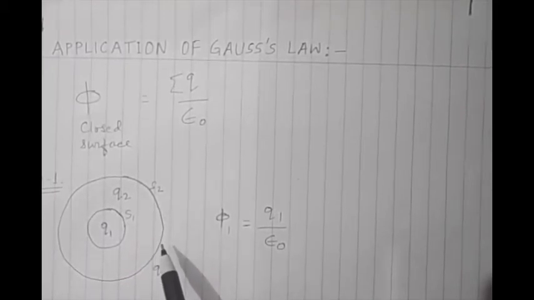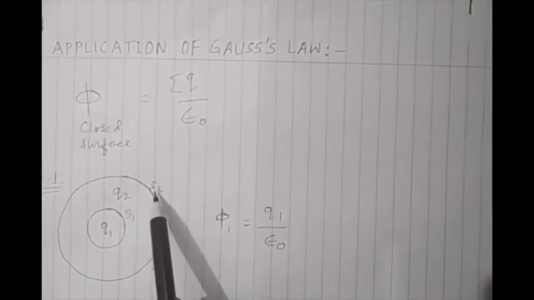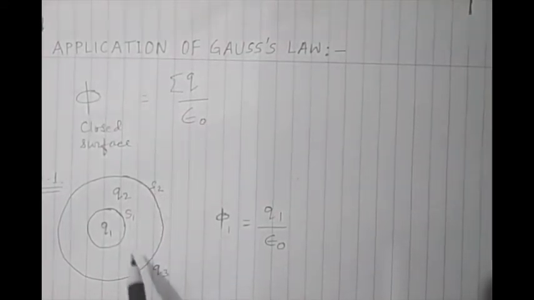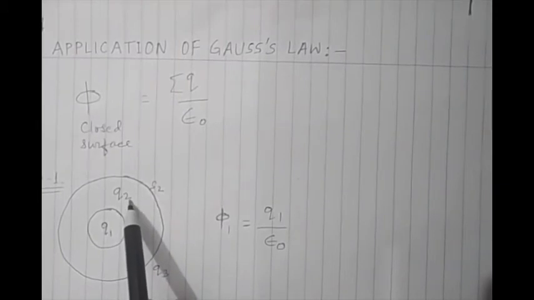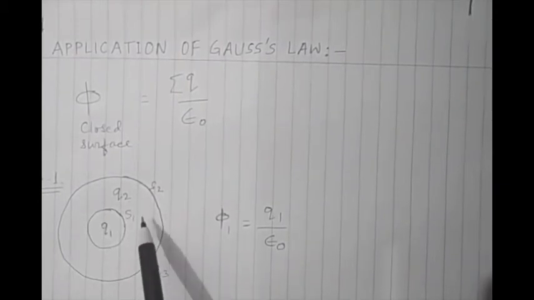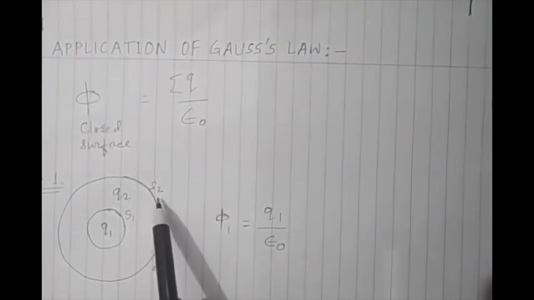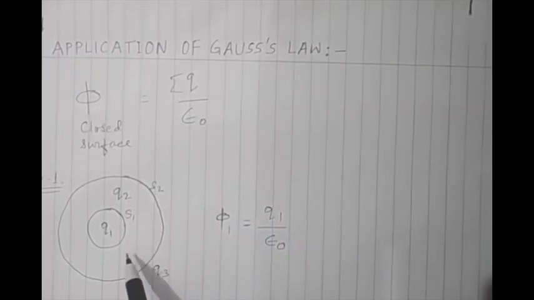You can see that the Q3 charge is outside the spherical surface S2, but Q1 and Q2 are inside it. Here the total charge inside S2 is Q1 plus Q2.